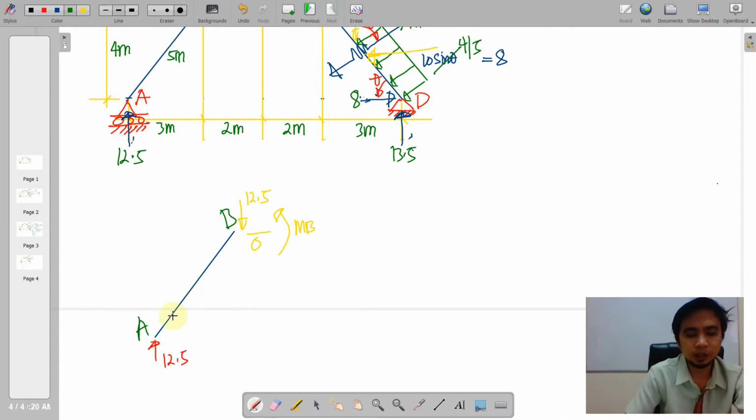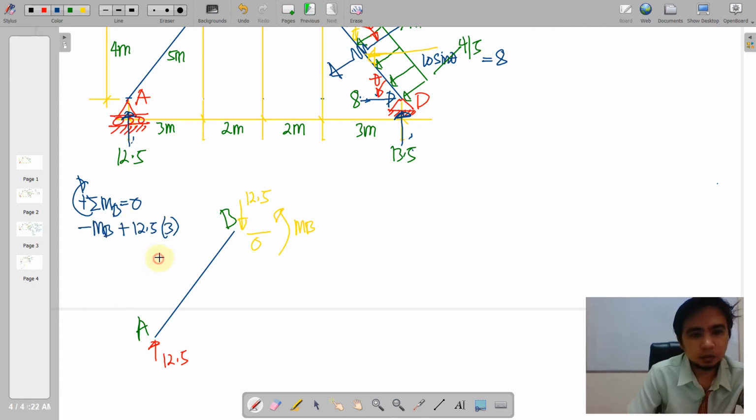Of course, you wanted to place your joint there, and then we'll just take moments at B to solve for moment at B. Okay, so we do that. We have negative MB plus 12.5 times 3. So those are equal to 0. So we have here now 37.5 kilonewton meter for our couple at B.